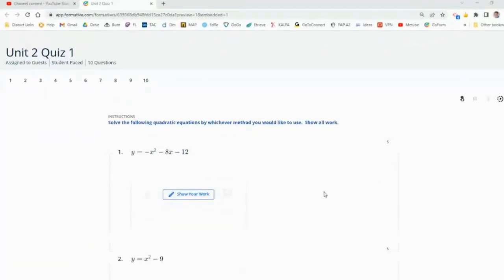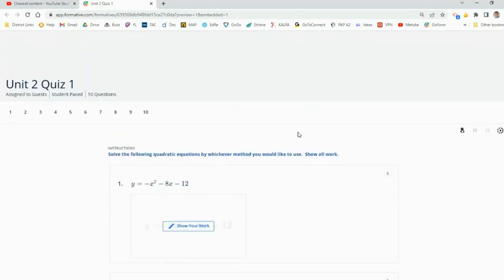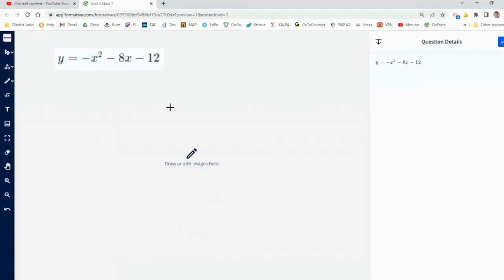What you have is just 10 quadratic equations, and you can solve them however you would like. You can use whichever of the 5 different methods we learned on these 10 problems. You've got to show your work. If you're going to use the quadratic formula, show me your quadratic formula.